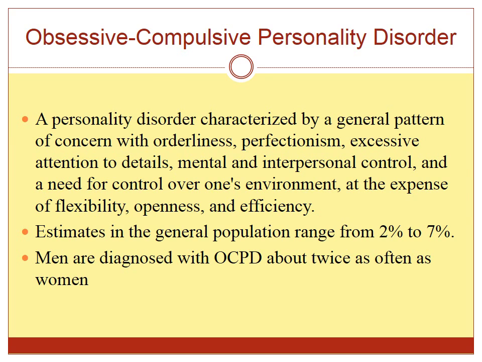Estimates in the general population range from about 2% to 7%. Men are diagnosed with obsessive-compulsive personality disorder about twice as often as women. The underlying concept behind this personality disorder is the overwhelming desire to control their environment 100%.